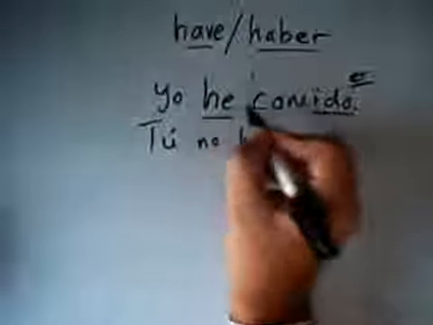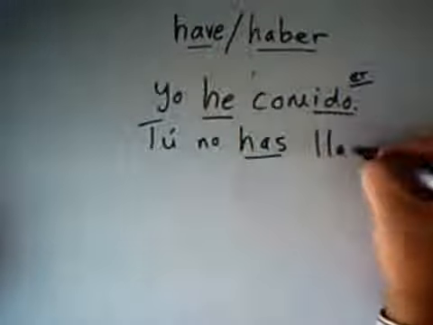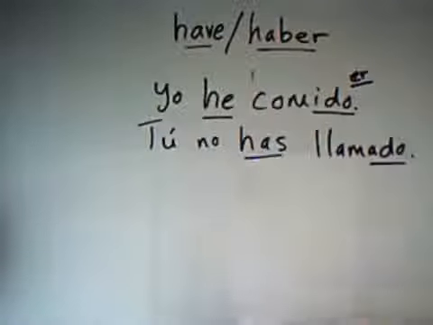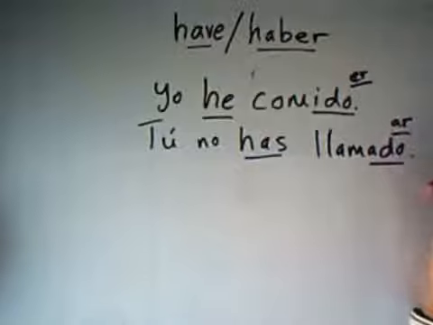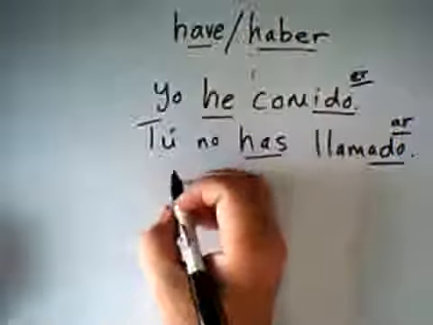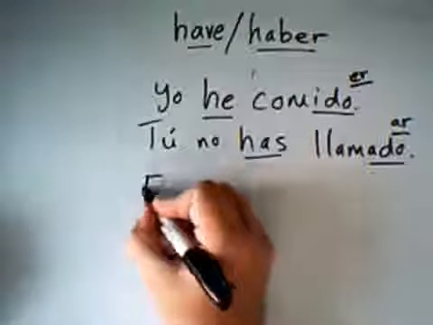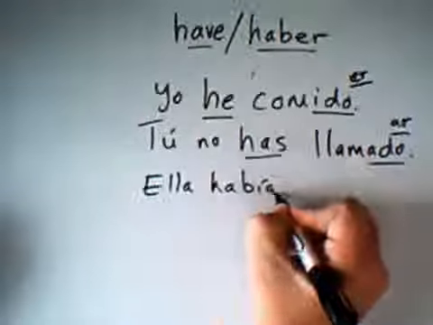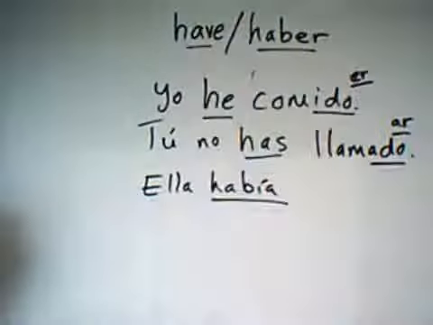Our second example was, you have not called, which would be tú no has, there's our form of the verb to have, haber, llamado. There's our past participle, llamado. Notice it's an AR verb and the ending is ado. And once more, I'm going to give you one more example of an AR verb because it was she had arrived, right? Ella había, that's just a past tense form of the verb haber, the auxiliary to have.